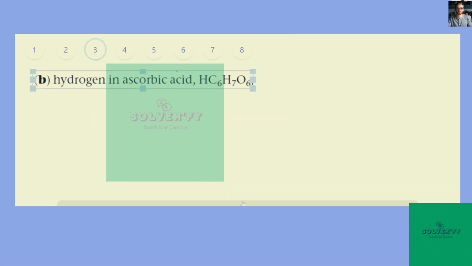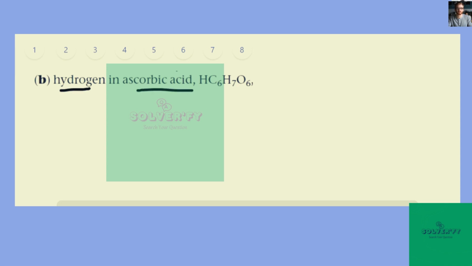Then we move to our next problem, in which we have to find the mass percentage of hydrogen in ascorbic acid.